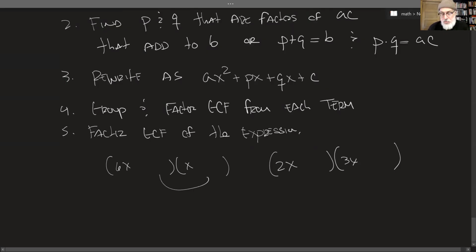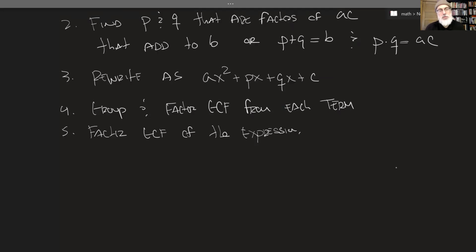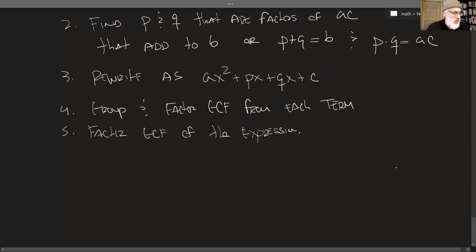So this is more of an algorithm that works every time. The guess and chug method is not great. So I suggest getting comfortable with that. Sometimes you can just see it. Most of the stuff, when you do it enough times, you will look at a polynomial and sort of suss out the factorization.